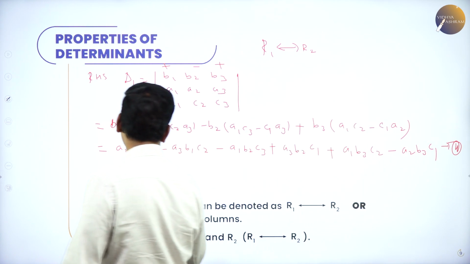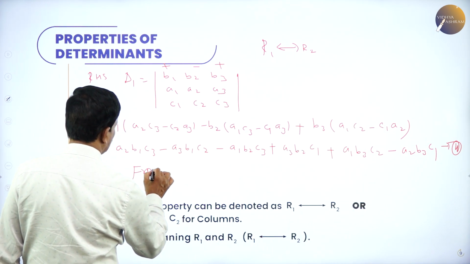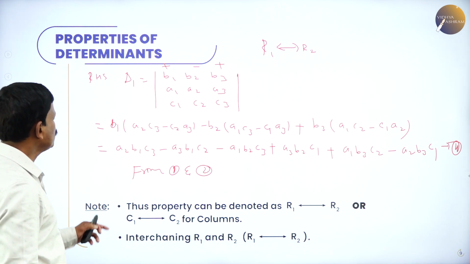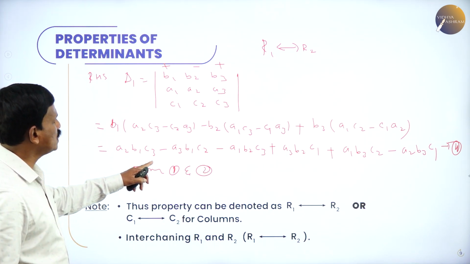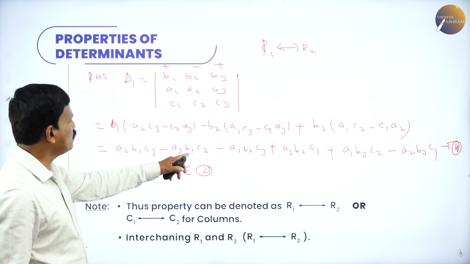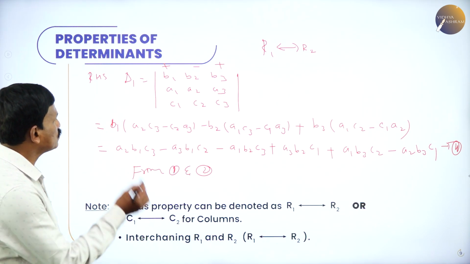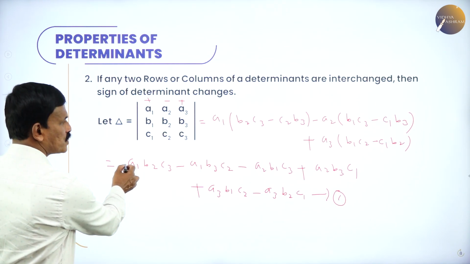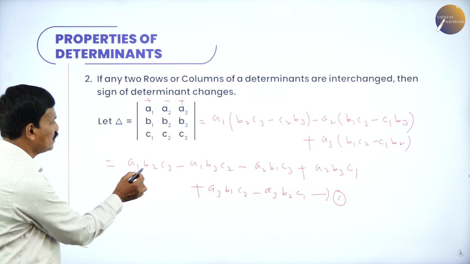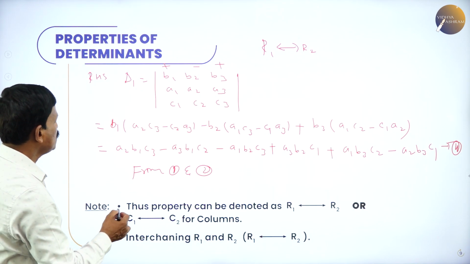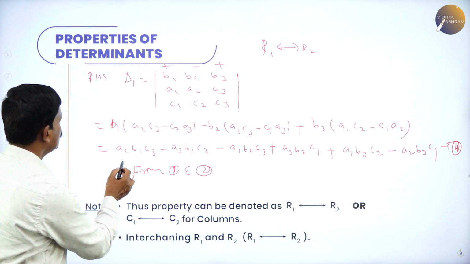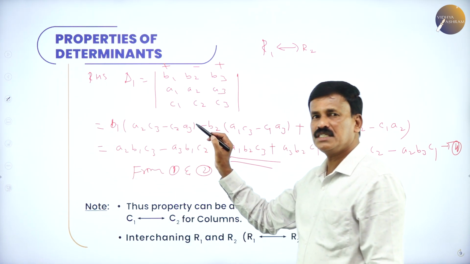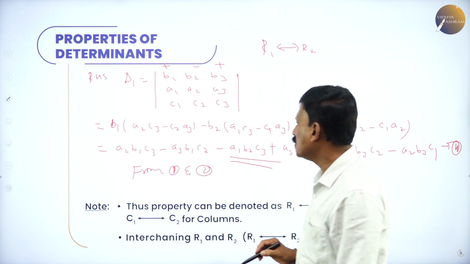Now from equation number 1 and 2, let us verify. In the previous equation number 1, A1 B2 C3 is positive. Observe this: there it is positive, here A1 B2 C3 is negative.